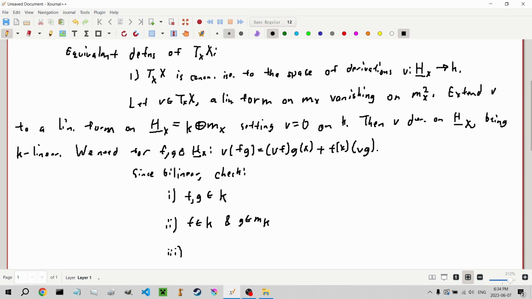And third, f and g both in m_x. And in the second case, of course, we can switch f and g.